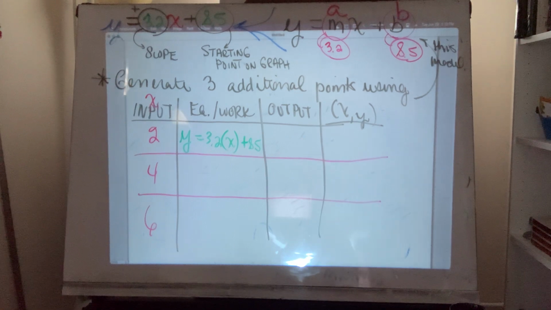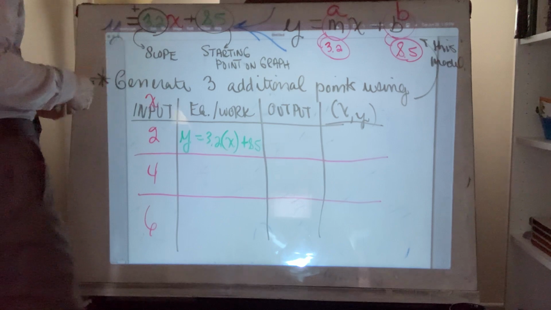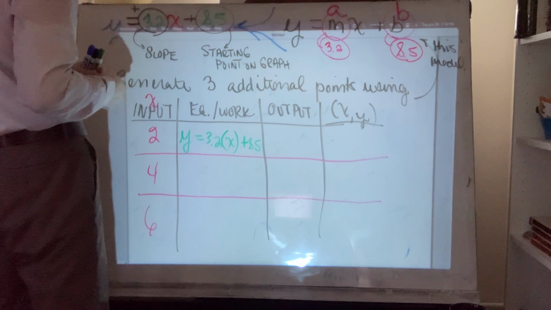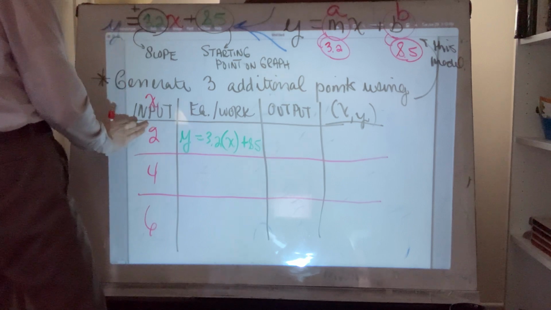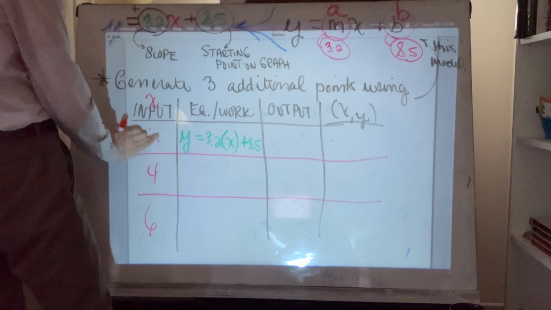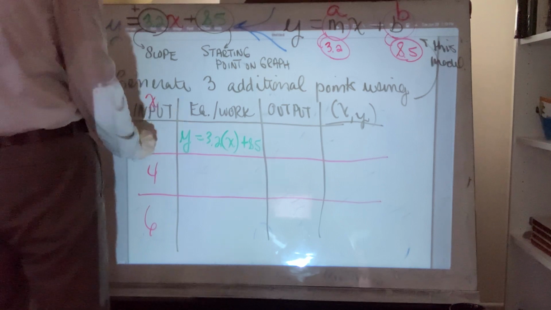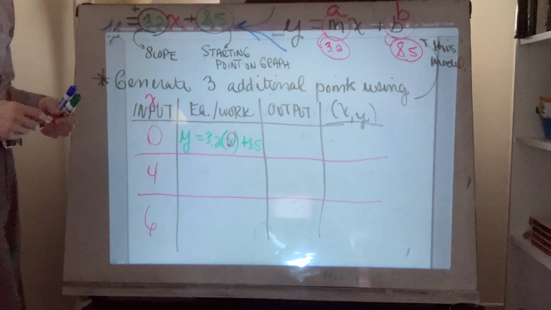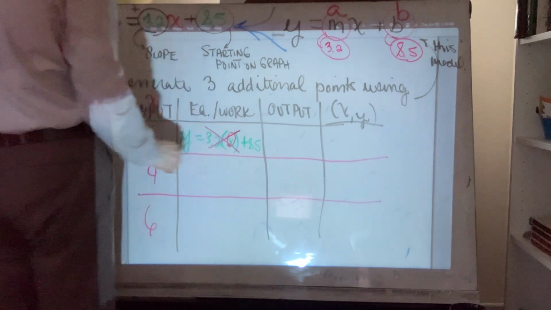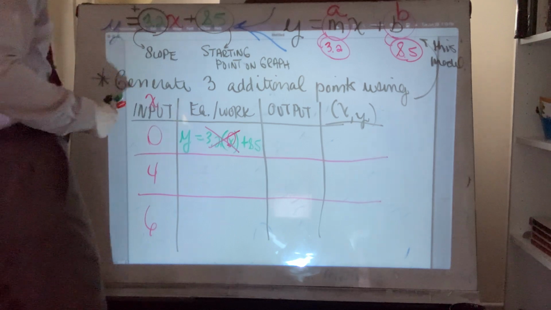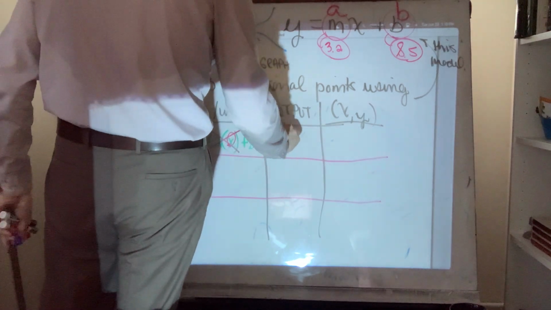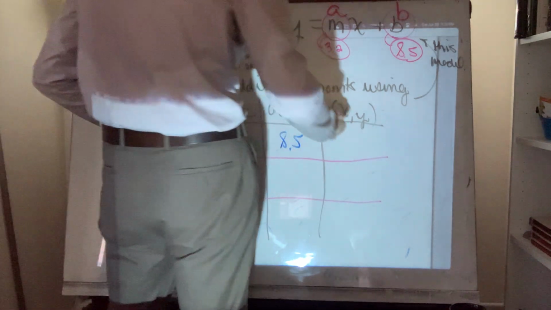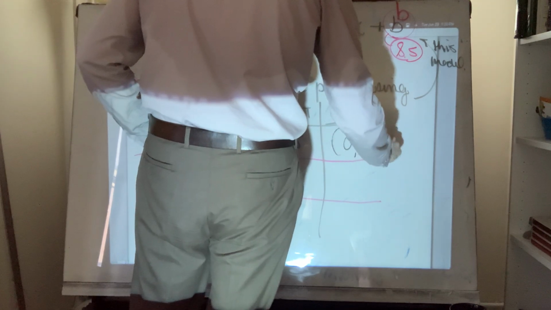You could do 0 as well. In fact, that's the ultimate in cheating, so maybe I'll do that. If I put 0 in place of x, that eliminates this term entirely, which means your y value will just be the intercept of 8.5. Therefore, we will have an ordered pair at 0, 8.5.